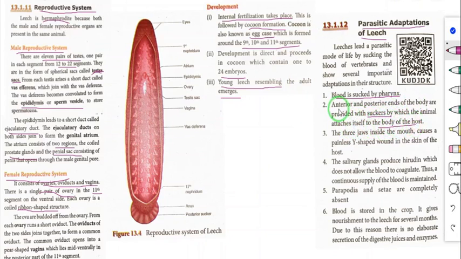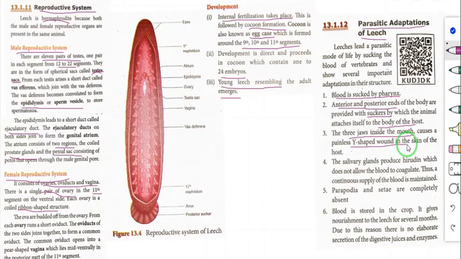Then the 3 jaws inside the mouth cause a painless Y-shaped wound in the skin of the host. So the mouth is a triradiate aperture, 3 holes are present.